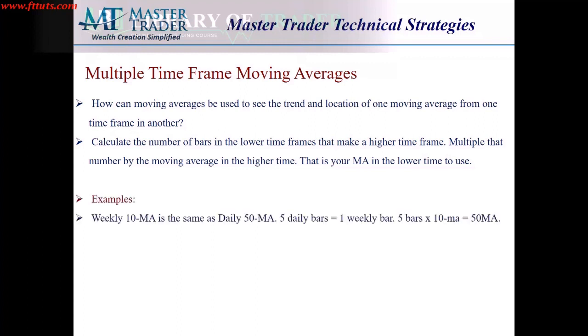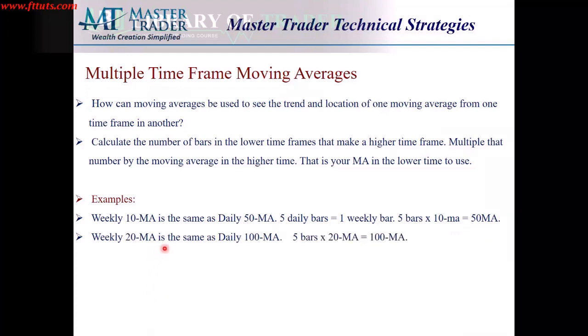We take the weekly 10-period moving average. It's the same as the daily 50-period moving average. Look at how many daily bars make up a weekly bar. So we have 5 bars times a 10 MA gives us a 50-period moving average. A weekly 20 MA is the same as the daily 100 MA. 5 bars times 20 equals 100. Simple.